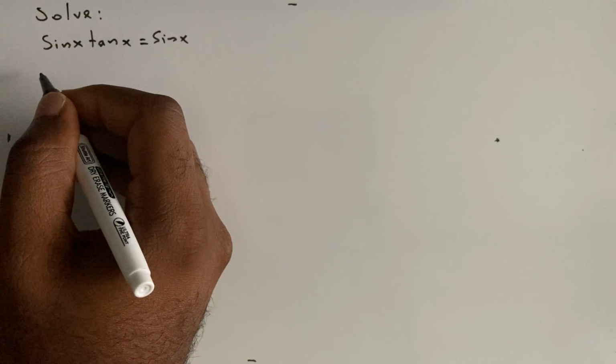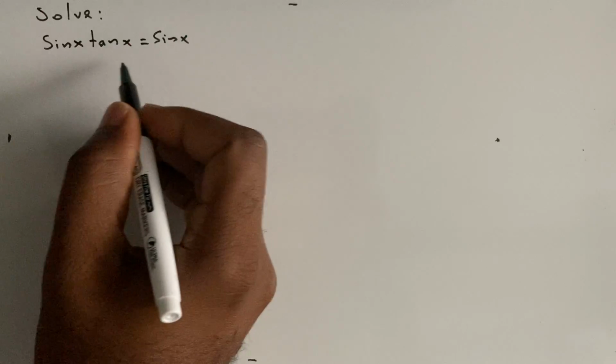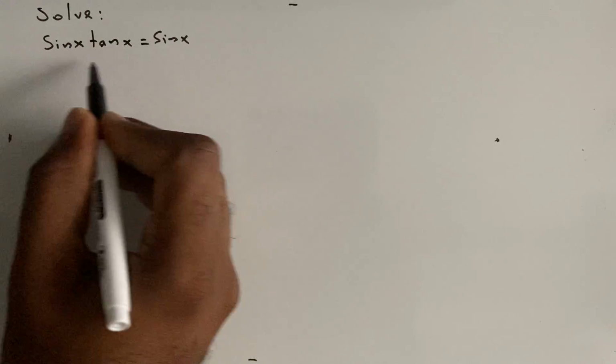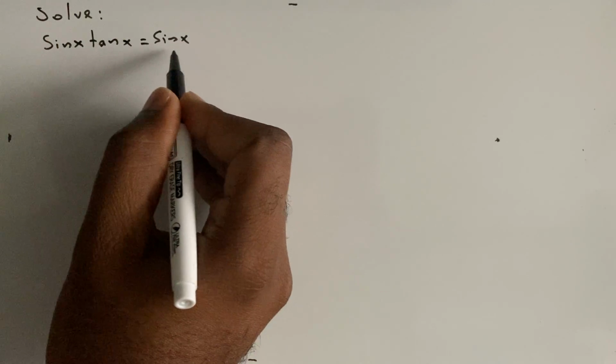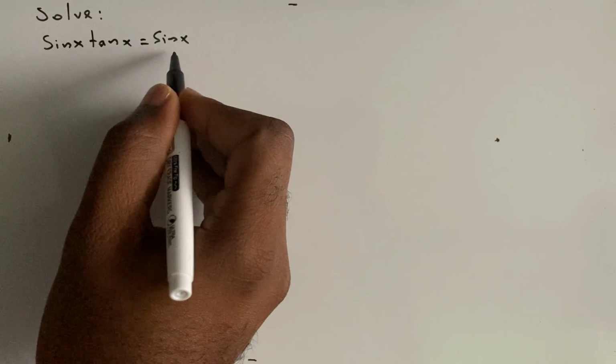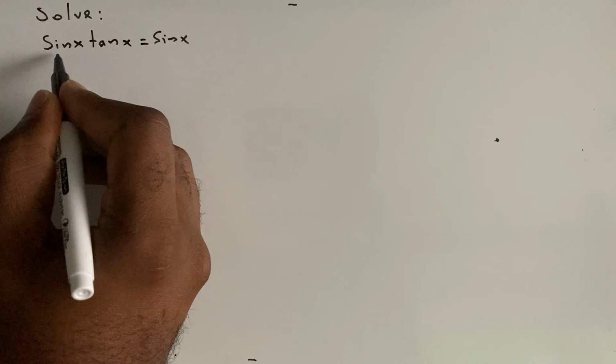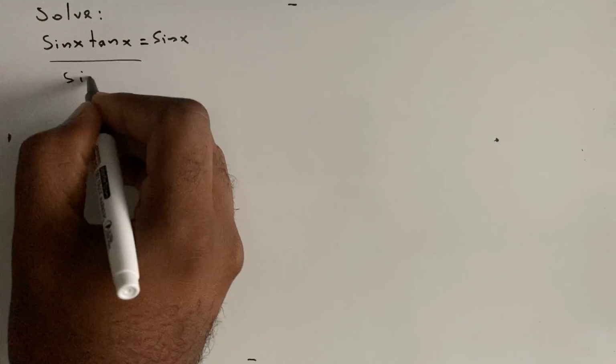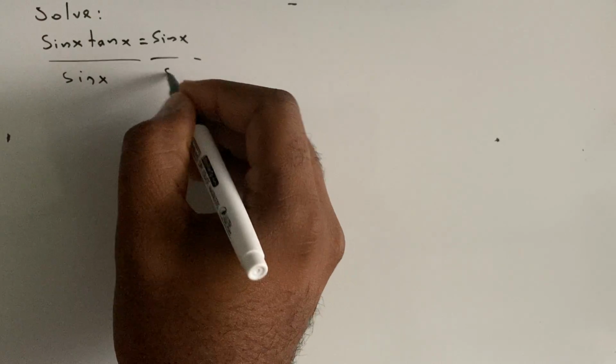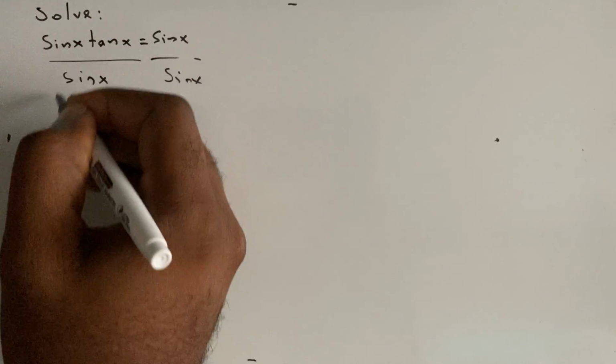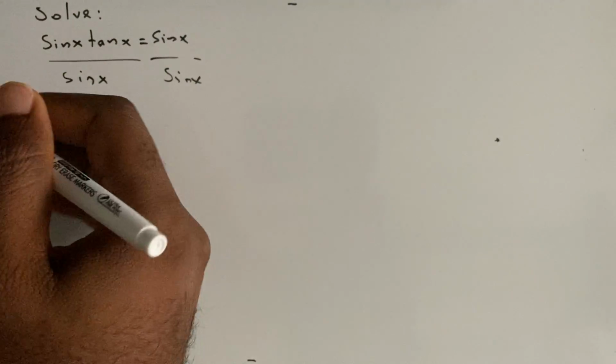Now one thing to know here is that you should never divide by sine of x. Because if I do that, then I would actually get rid of sine of x, okay? So it will be gone.